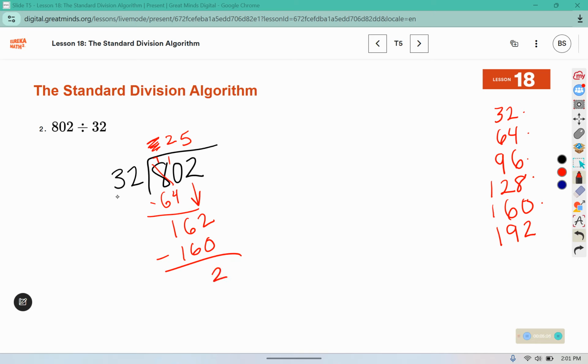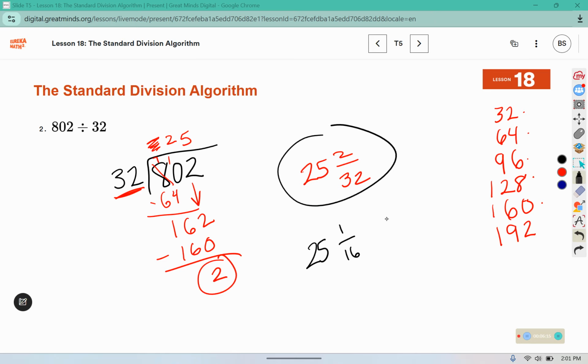Our answer here, since 32 does not fit into 2, is going to be 25 and 2 over 32. You can also reduce that to 1/16. Both of these answers are correct answers. One is just in the reduced format.